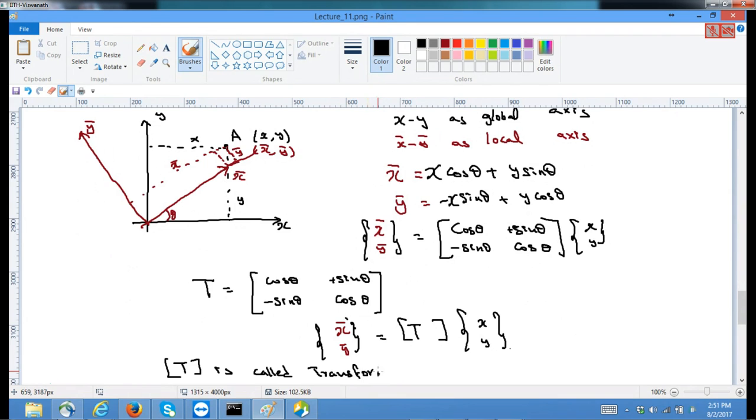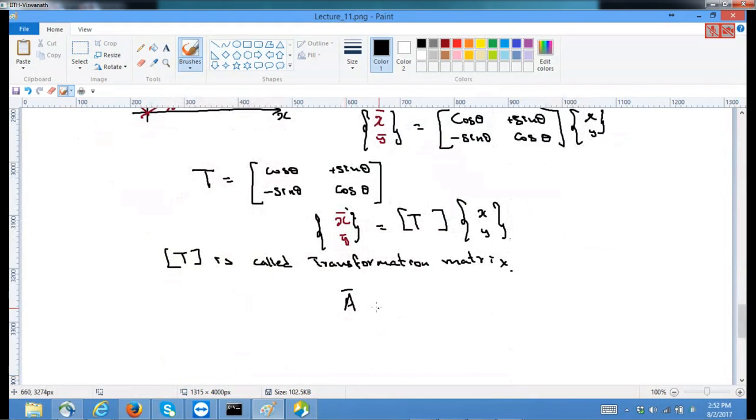One can write A bar equals T times A, where A bar is in terms of x dash, y dash coefficients in the new coordinate system, and A is in the old coordinate system.